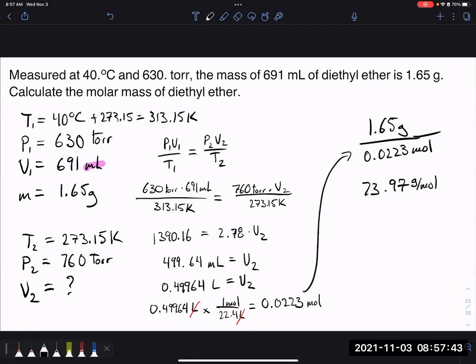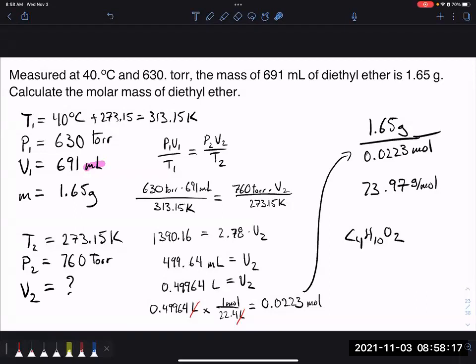And if we want to check our answer real quick, diethyl ether is C4H10O2. So for this gas, we've calculated the molar mass using temperature, pressure, volume, and mass.